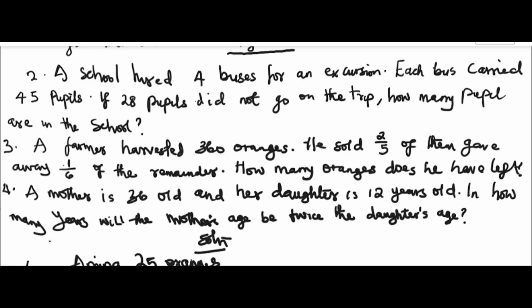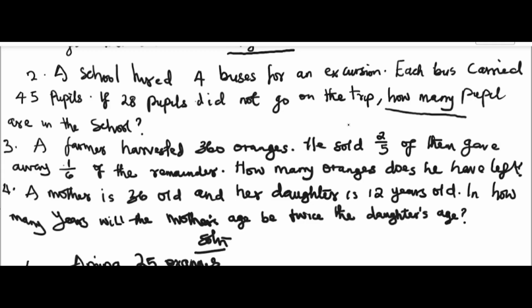Now each bus carried 45 pupils, and then 28 pupils did not go on the trip. How many? So when you see how many, we are looking for total, right?